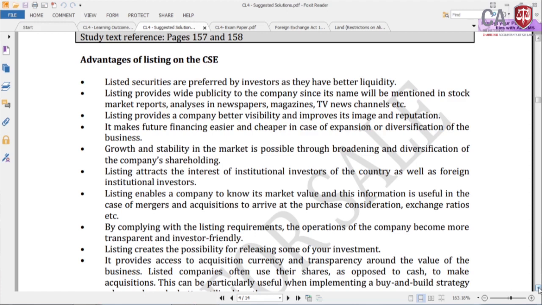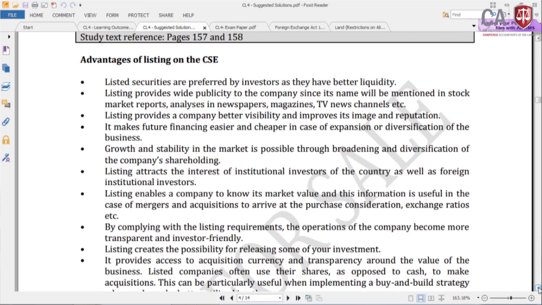Growth and stability in the market is possible through broadening and diversification of the company's shareholding. Listing attracts the interest of institutional investors of the country as well as foreign institutional investors.